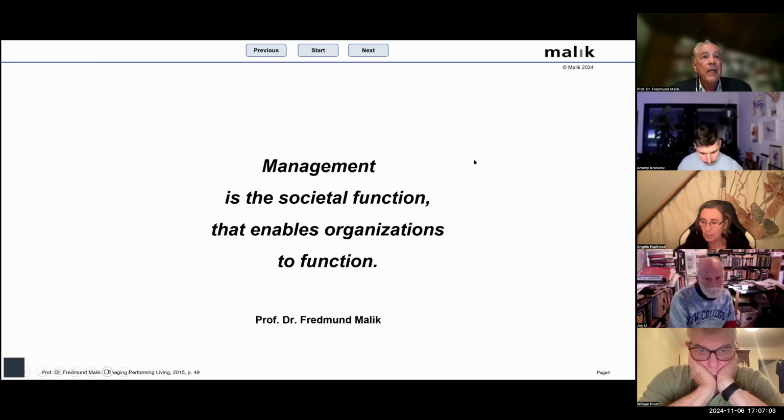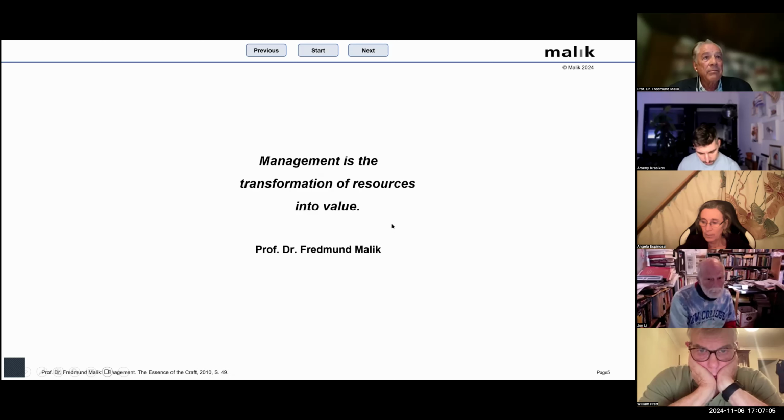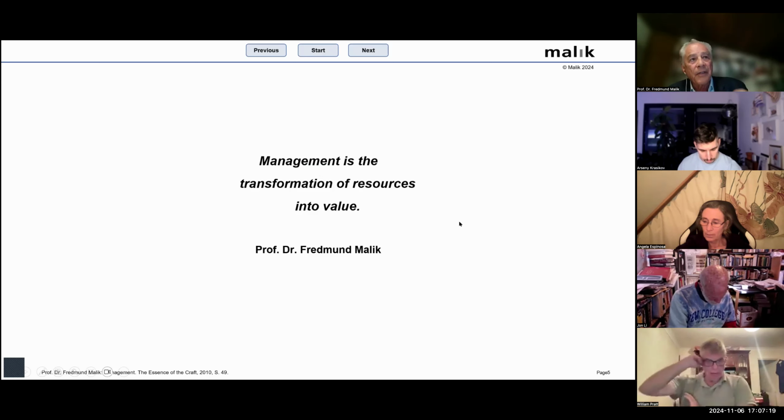Then management is the transformation of resources into value. This is my own definition. One can see it totally differently, but management is the function of transforming resources into value.